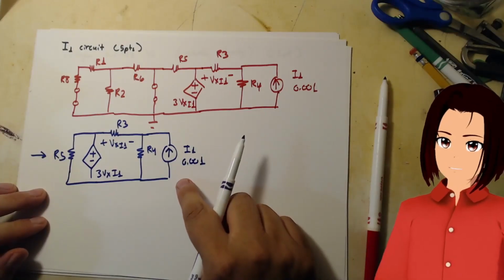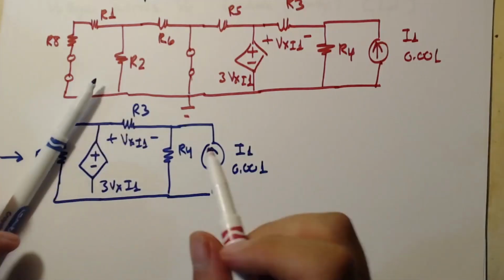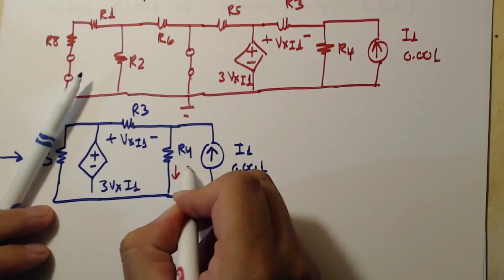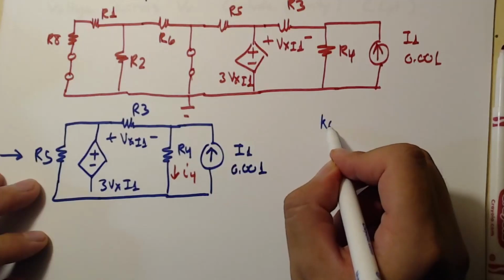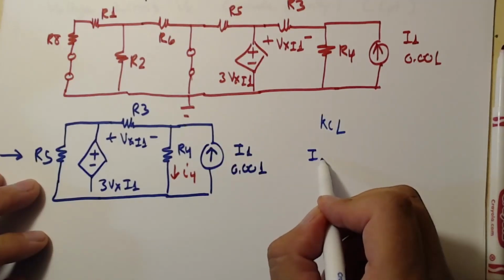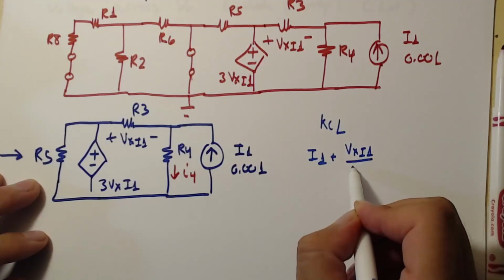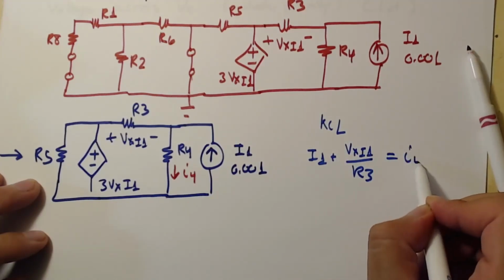So I redrew the circuit and I'm like, okay, good. So what's going on here? Well, we could say the current going through R4 is, call it I4. And if we do KCL, we know that I1 plus Vx due to I1 over R3 is equal to I4.